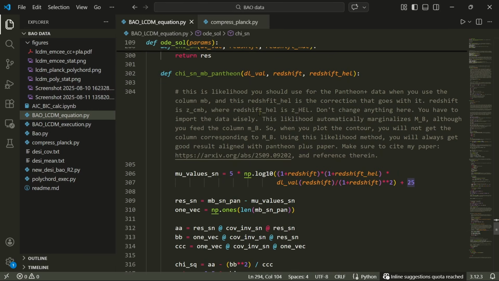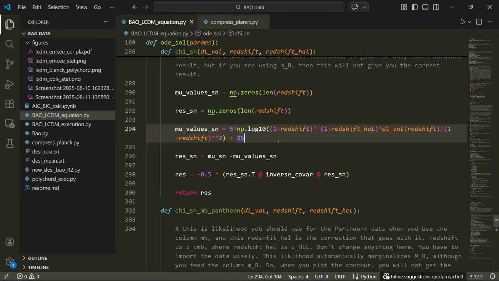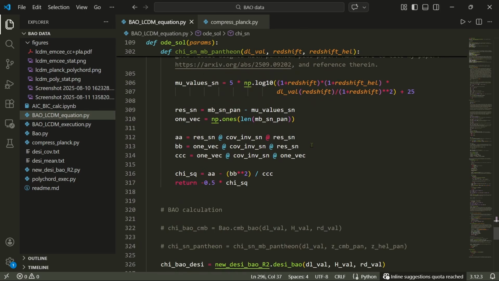So this is how we are converting everything. DL val by one redshift will actually give you the dA, but since I am multiplying by another redshift over here due to corrections, then I have to divide it so that everything remains the same.